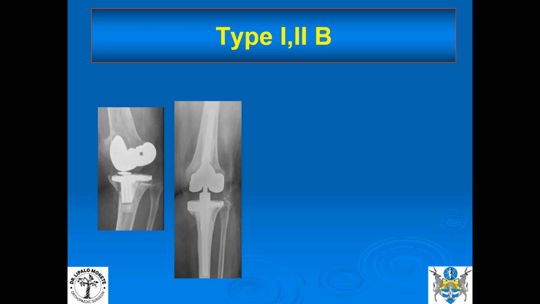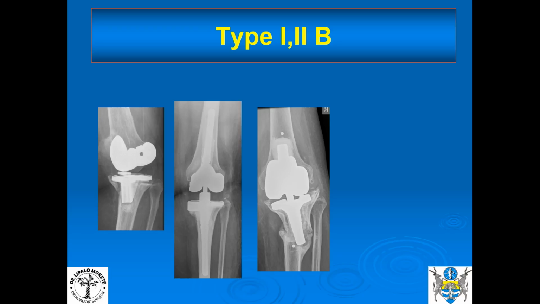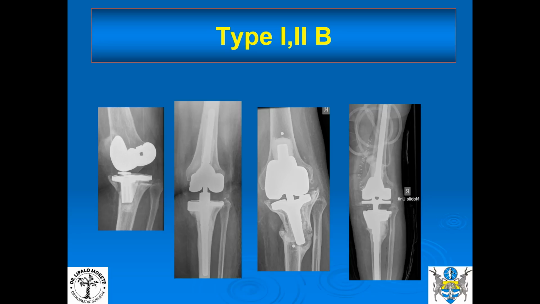And for this type 2 fracture, in this instance, we decided to go for a hinge with also a cone.